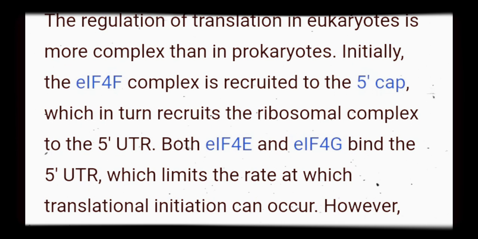On one side, the small ribosomal subunit gets assembled with the initiation factors and recruits the tRNA to the P site of the ribosome, whereas on the other side the EIF4F complex interacts with the 5' cap, right?